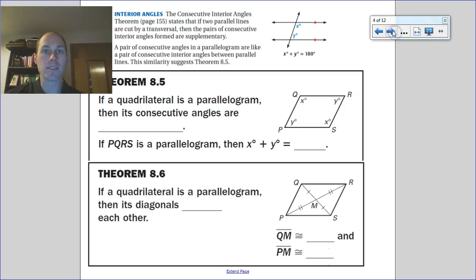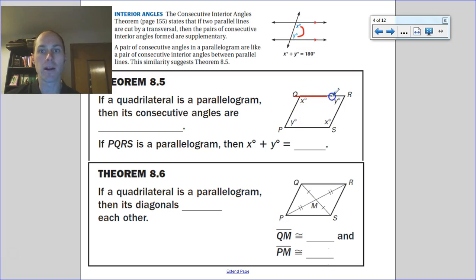So a few other properties go along with that. Since parallelograms have opposite sides parallel, we've got that property of a transversal cutting through two parallel lines that we talked about earlier in the year. So we also have consecutive interior angles within our parallelograms, and we learned that consecutive interior angles are supplementary.